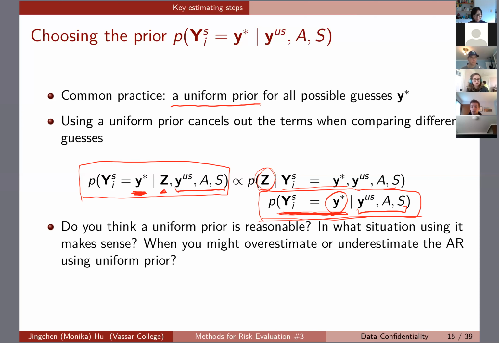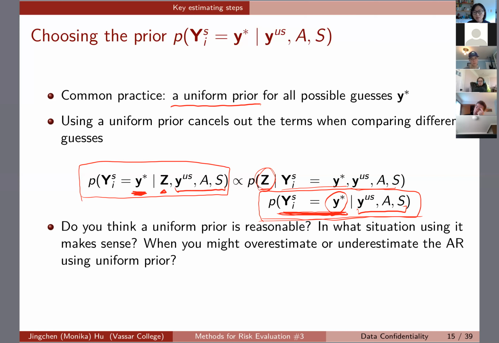And I will leave the page here, but I understand once you go to the breakout room, you might not be able to see it. But again, this is on page 15 of the lecture slides. So if you have it open, take a look at that. So the set of questions is, in what situation do you think a uniform prior is reasonable, in what situation do you think it's not, and then maybe come up with some scenarios where using the uniform distribution might overestimate or underestimate.